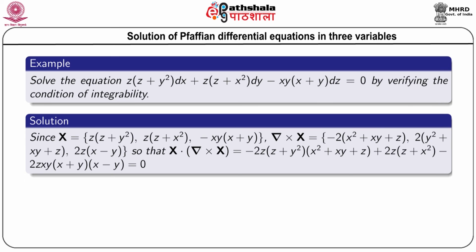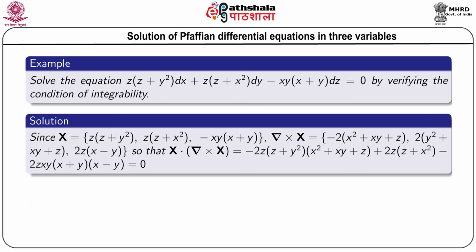Now, we shall use method 6 to solve this example: z(z plus y square) dx plus z(z plus x square) dy minus xy(x plus y) dz equals to 0. First of all you have to verify the condition of integrability of this equation.